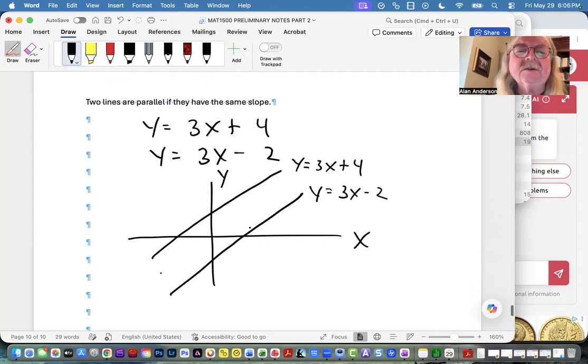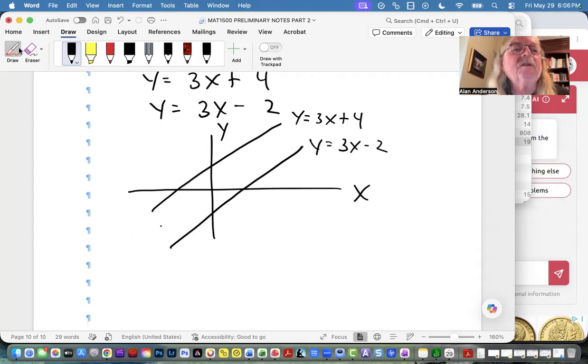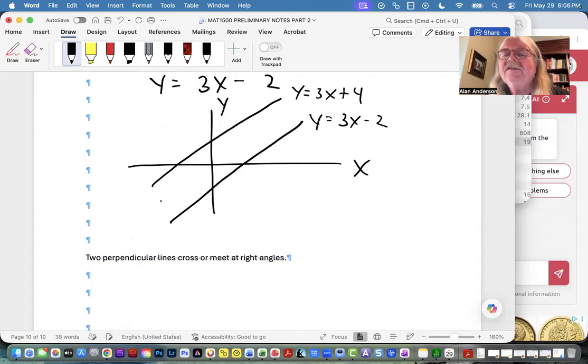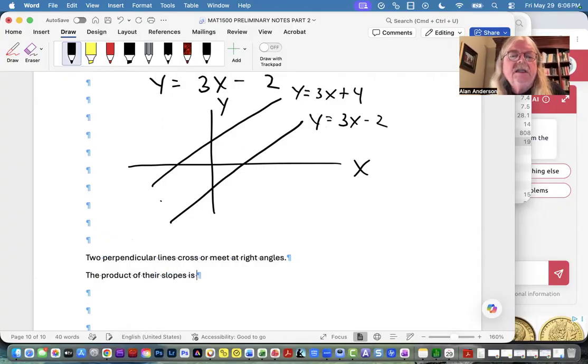Now, perpendicular is a little different. Perpendicular lines, if you remember, they meet at right angles. How can you tell if they're perpendicular? Okay, the product of their slopes is -1.